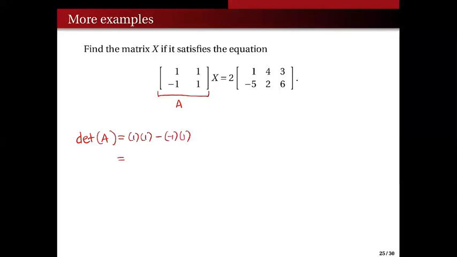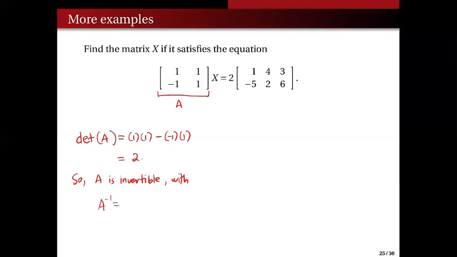So this is equal to 2. Therefore, A is invertible, with A inverse, let's calculate that.